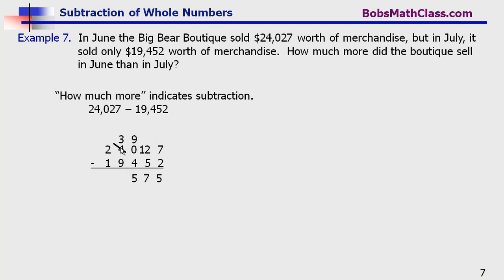We cannot subtract 9 from 3, so again we need to borrow. Now we can subtract 13, take away 9 is 4. And 1 minus 1 is 0, so we do not need to write that 0 down. That's the first digit. So there's our answer, $4,575.